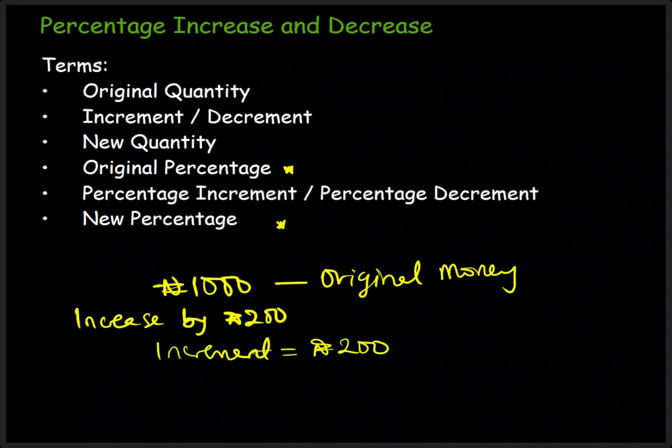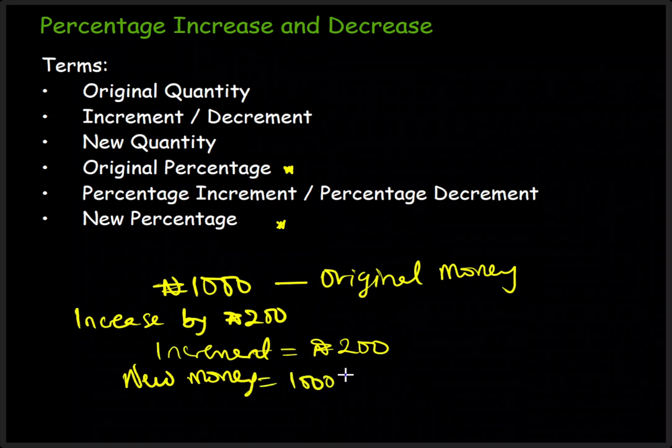After the increment, what else are we looking at? If I increase by 200 naira, what will I be having as my new money? The new money will be equal to the original money plus the increment, and that will be equal to 1200 naira.